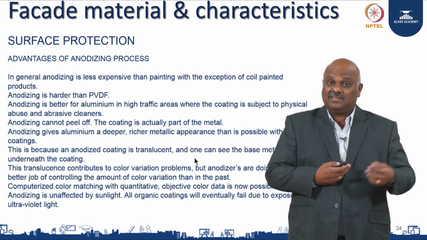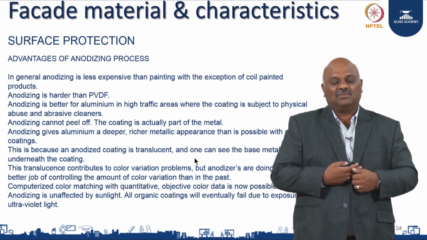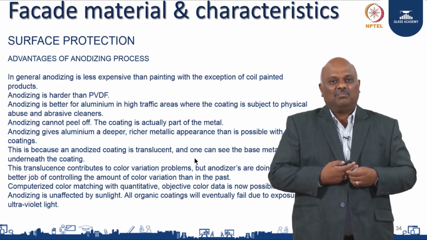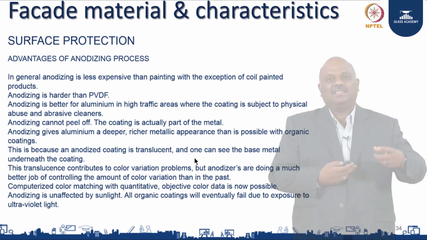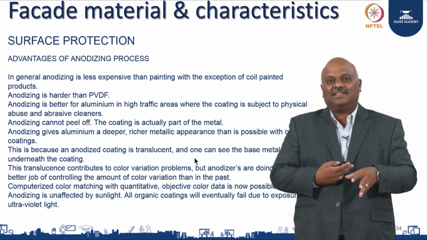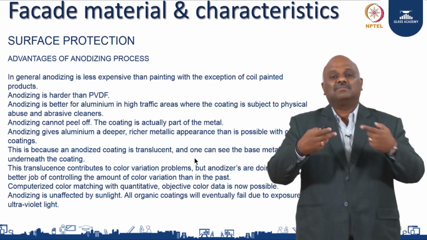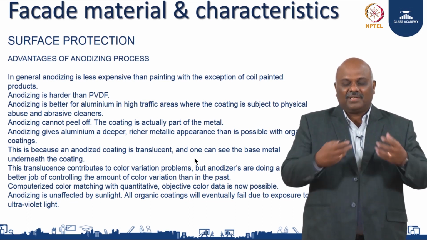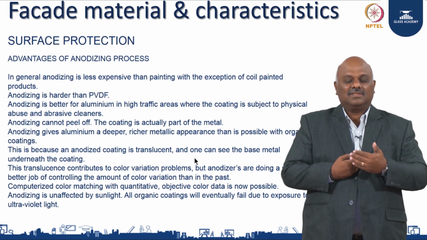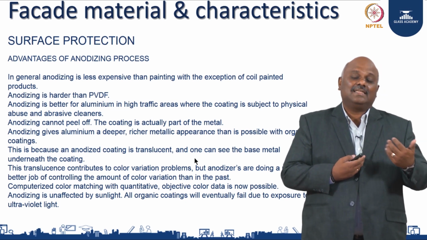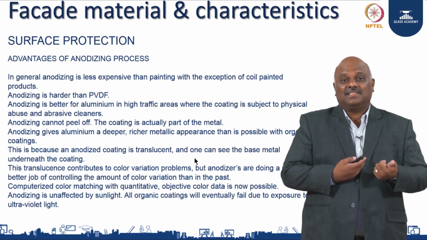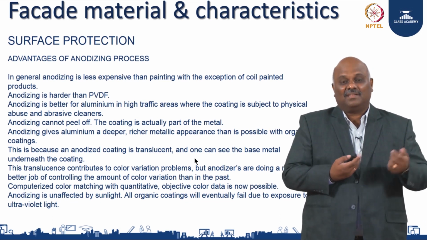The color can also be changed nowadays, they do various colors by adding some advanced systems, but it's good because you are changing the material, you are not depositing anything. You are changing the aluminum surface by the anodic process, hence it acts as a protective coating. What it does is protect and seal against any form of rust, surface rusting or pitting, whatever can happen with the environmental impact.